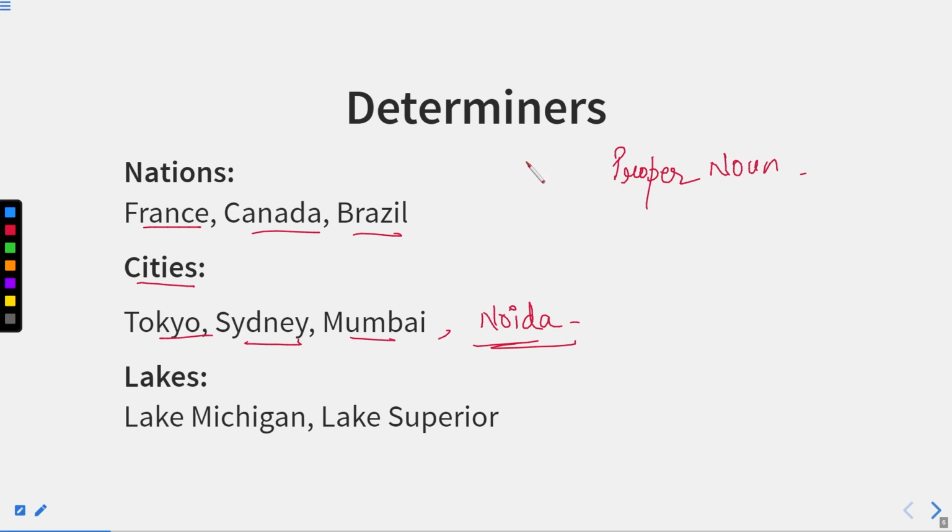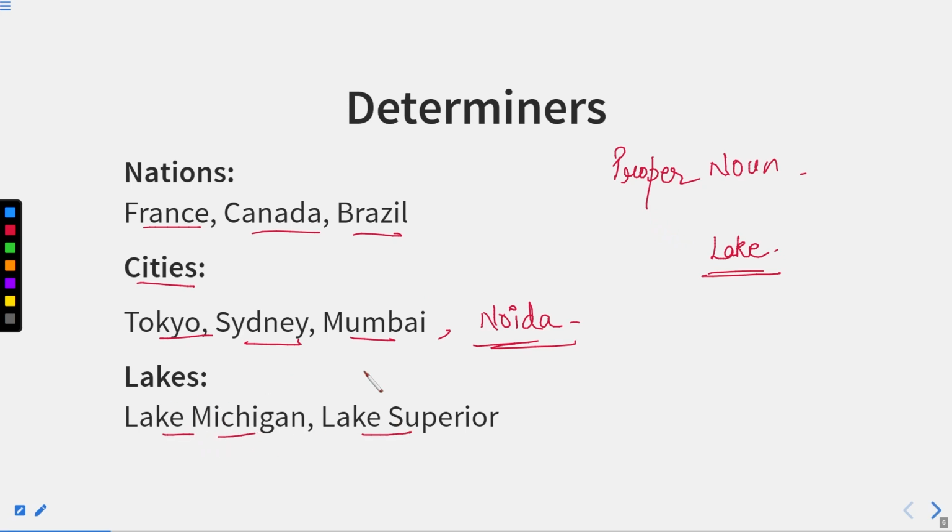That will be incorrect. Now, if there are lakes, what happens if before the name of the lake we have the word lake itself? For example, Lake Michigan, Lake Superior.